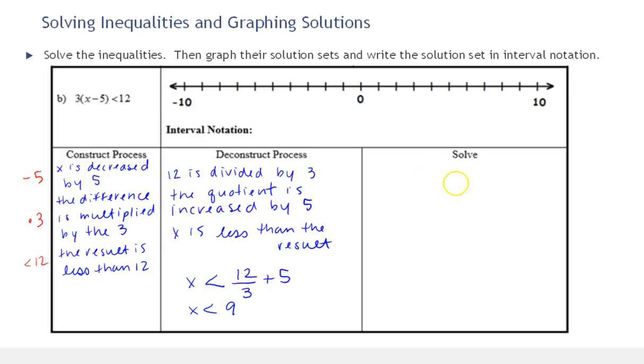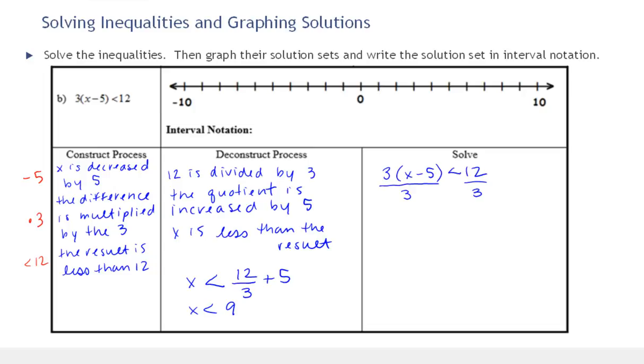Now here, let's see how we would write this using the properties of inequality. So we have 3 times x minus 5 is less than 12. First, we're going to divide both sides by 3. So divide this whole side by 3 and this whole side by 3.